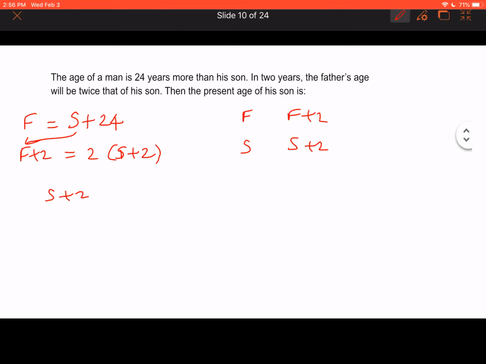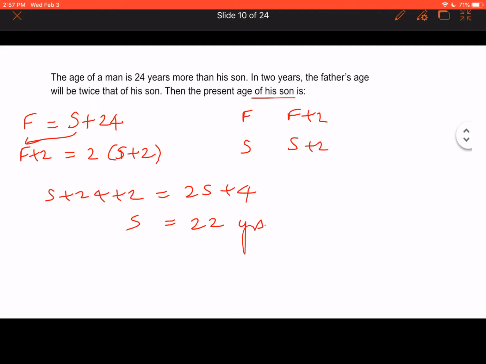S plus 24 plus 2 equals 2S plus 4. So when you bring everything to this side and that side, S will be 22. Present age of his son is asked, so it is going to be 22 years.